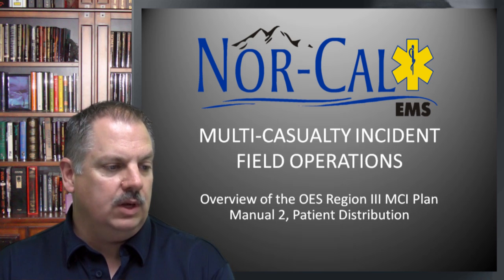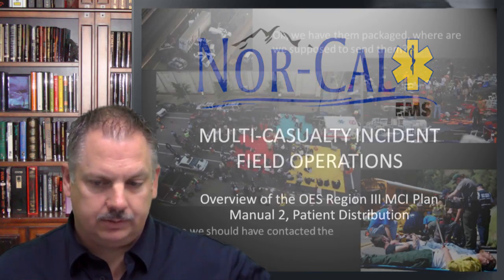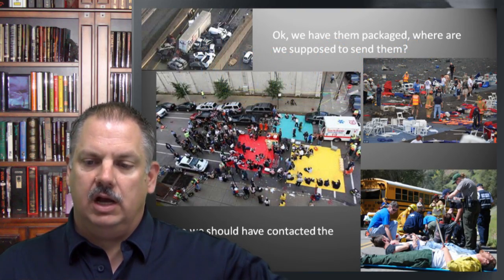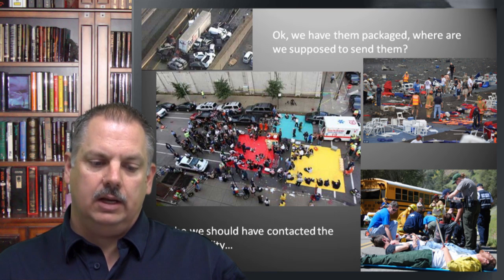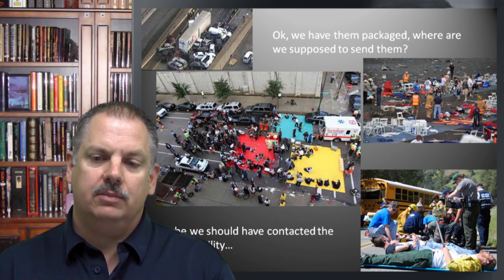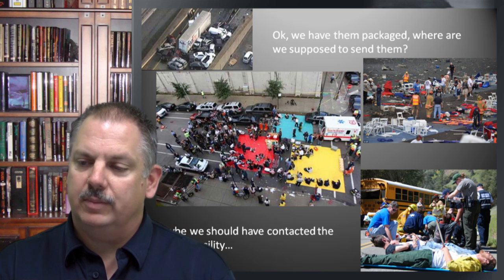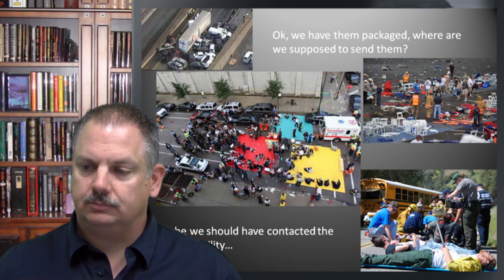Now within our region, we contact our control facility. And this is, again, a big thing. The control facility concept has been practiced in the larger cities for quite some time, and it works very well for patient distribution, especially to hospitals outside of your operational area.